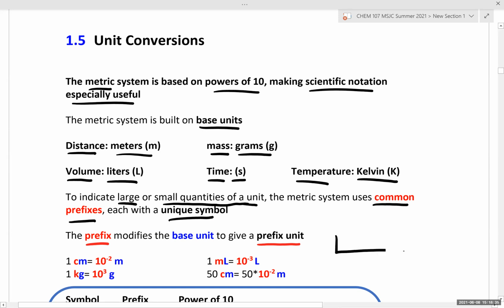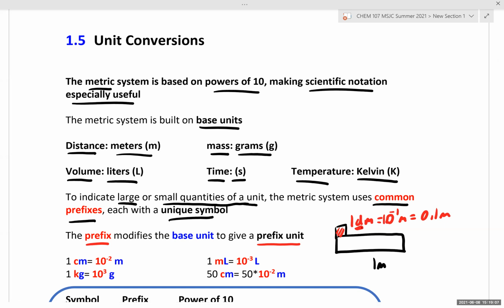So for example, if we have a meter, a decimeter, the deci prefix is telling us we have 10 to the negative first meter or 0.1 meter. As you see, when we add the prefix, we're now describing a smaller or larger quantity of our base unit. Does this picture help everyone see what a prefix unit is doing?